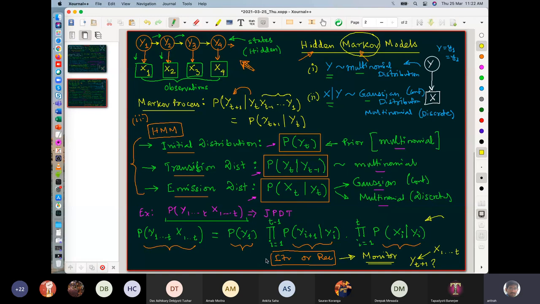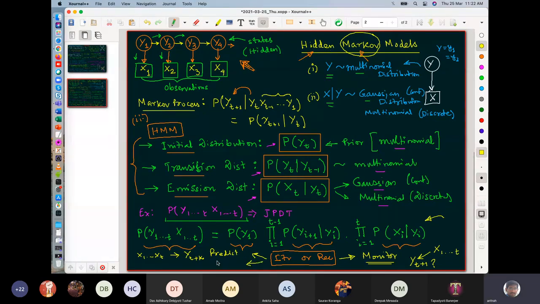What else can I do from such a model? I could predict. Suppose I know x1 to xt, can I say how the weather will look at t plus k, where k is strictly more than 1? That's a prediction, because I only have the observations up to this point, but I want to predict something very far away.